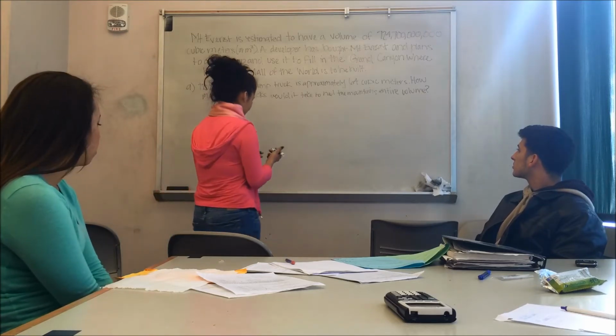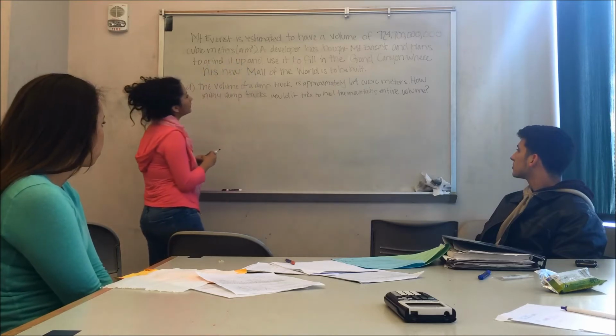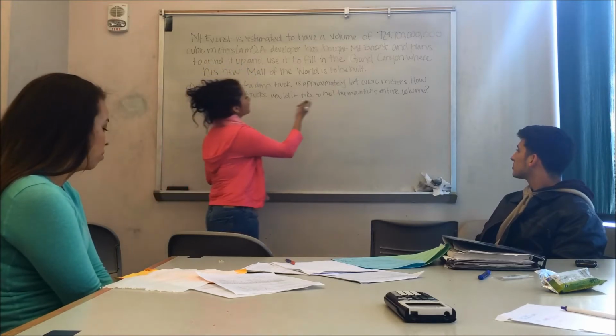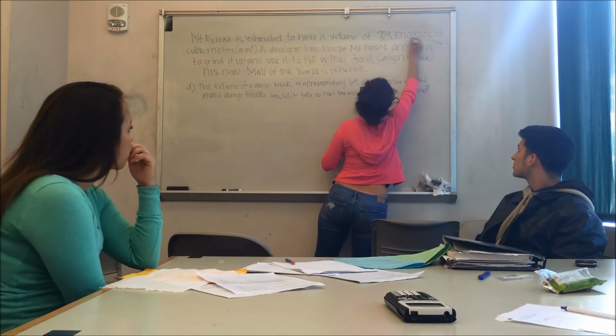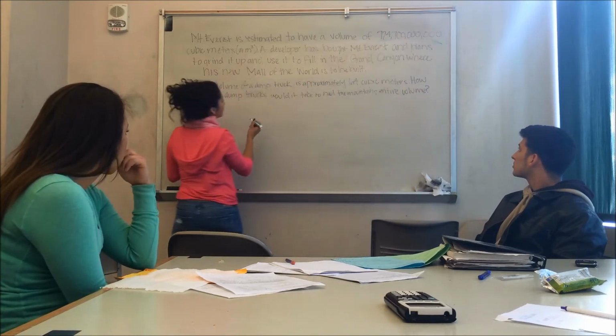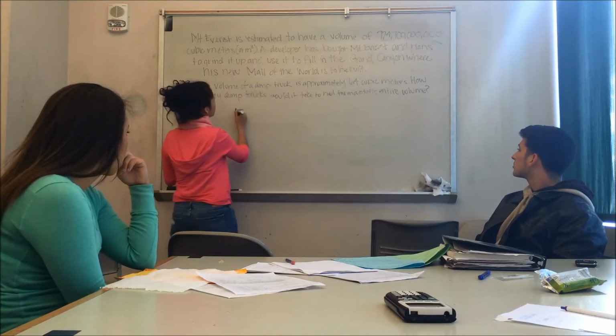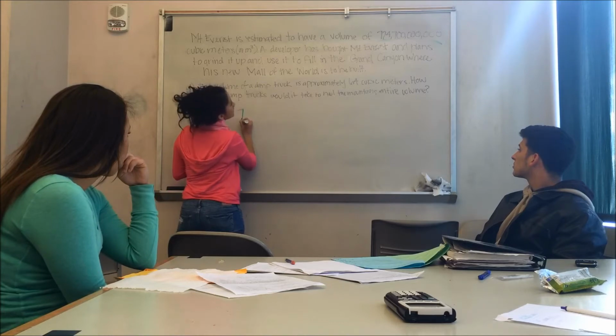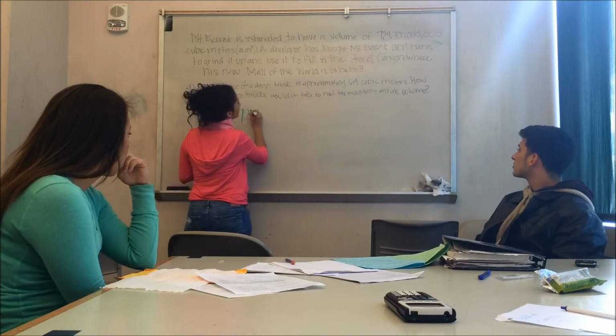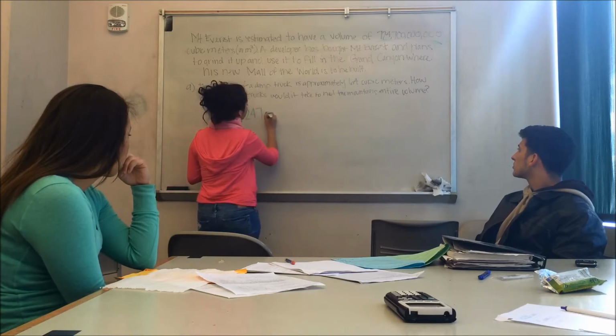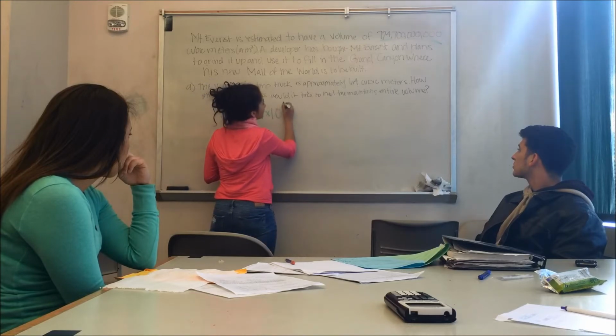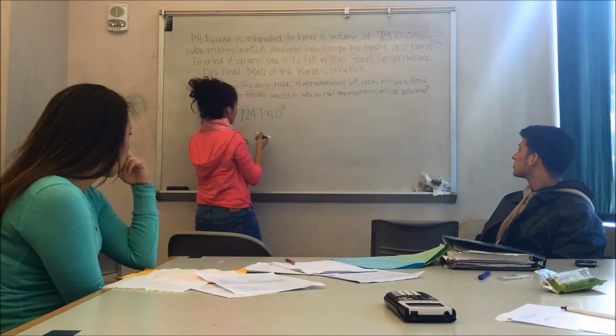So what we're going to do now is write down what we initially had. And we could write it in scientific notation, so it would be 724, 7 times 10 to the 11th because it's 11 places.